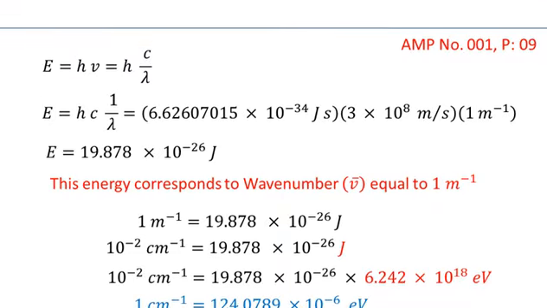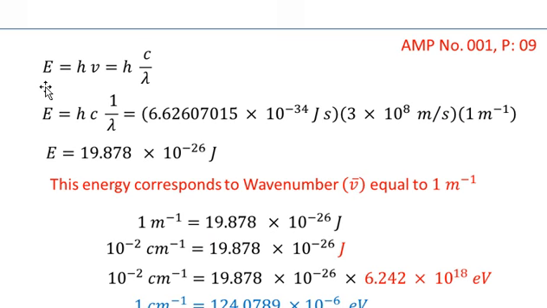For example, here we are giving you the relationship E is equal to h nu, and again you see that I have specified that it can be written as h into c over lambda. So hc can be kept on one side, for example, E is equal to hc, and then we have 1 over lambda. You can specify the value of h over here, which is the Planck's constant, and its value is 6.62607015 times 10 to the power minus 34 joule second.